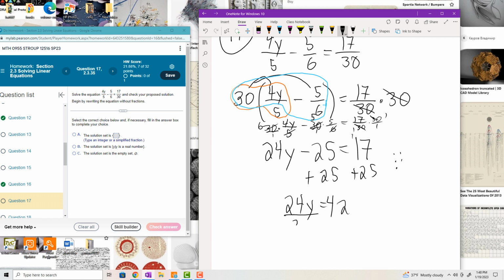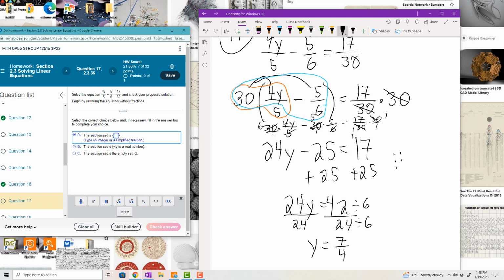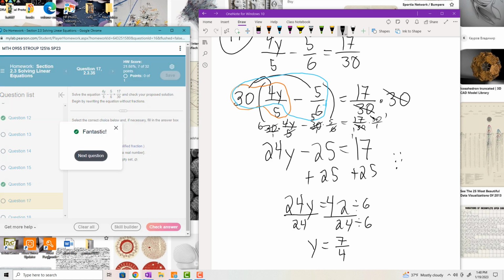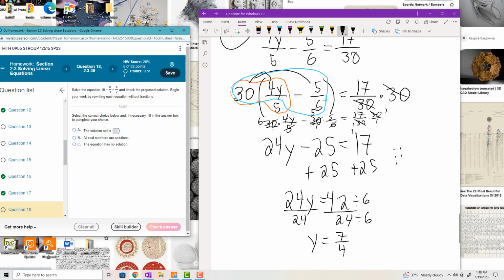So I have division by 24 on both sides. 42 over 24, and I'm going to divide top and bottom. It looks like 6 will divide into both of them. So 42 divided by 6 is 7. 24 divided by 6, I believe, is 4. And just go over to your answer box, plug that guy in, and you should be good.